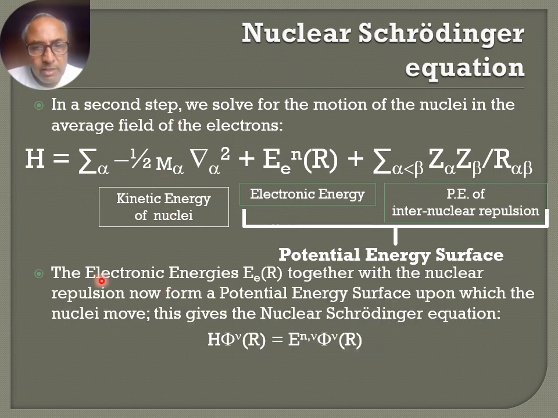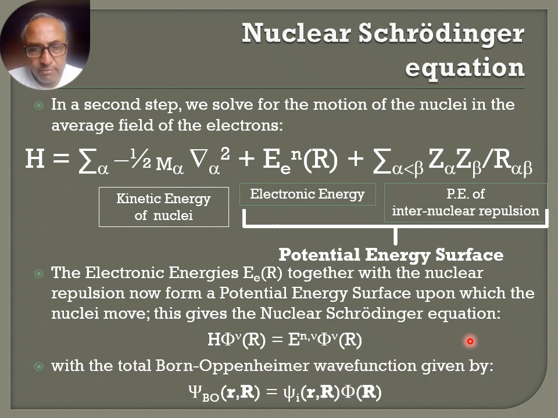This gives us the nuclear Schrodinger equation, that is H operating on phi nu, the nuclear wave function, gives the energy times phi nu, with the total wave function in the Born-Oppenheimer approximation being given as the product of the electronic wave function times the nuclear wave function.